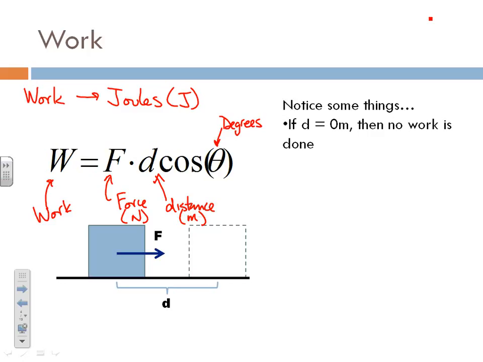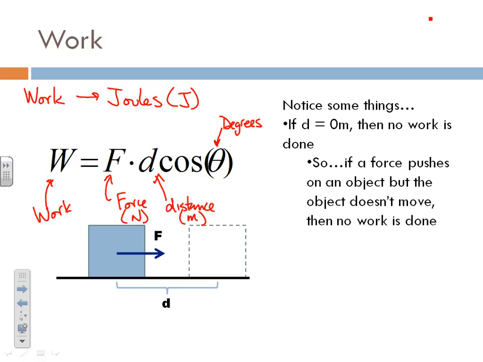In this equation, if we replace d with 0 meters, then immediately what we're going to see is that the entire right side of the equation becomes 0, and so the total work that's being done here is 0. In other words, if something doesn't move, then no work is actually going to be done, or no energy is going to be transferred or converted. So objects have to move for work to be done. They have to go from one place to another.